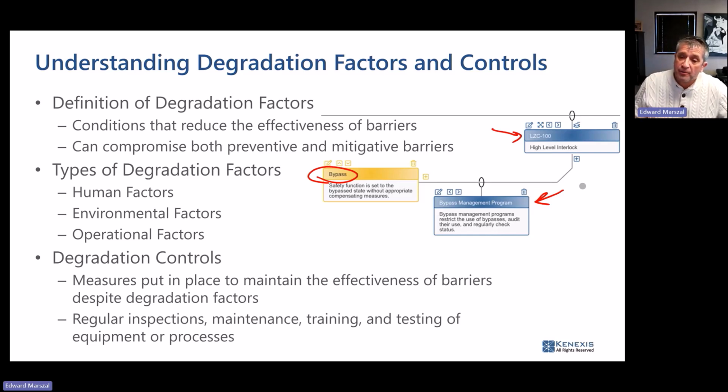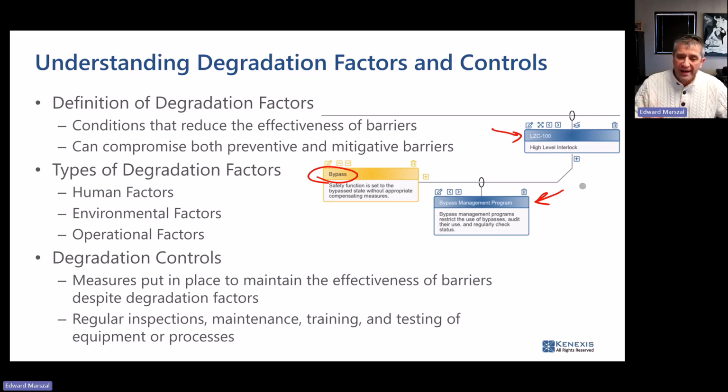And you might also have another program to, on a regular basis, check what is in bypass, ensure that it still needs to be in bypass, and remove it from bypass if it is no longer necessary. So what you're seeing here is you start drilling down deeper into what can go wrong and how you're going to control it in that bow tie diagram.